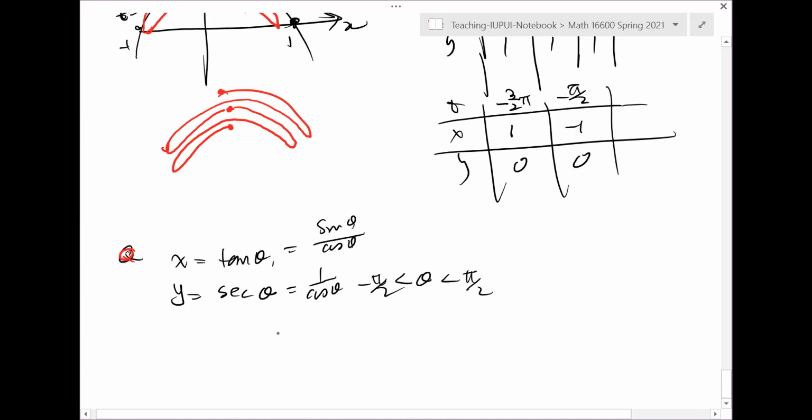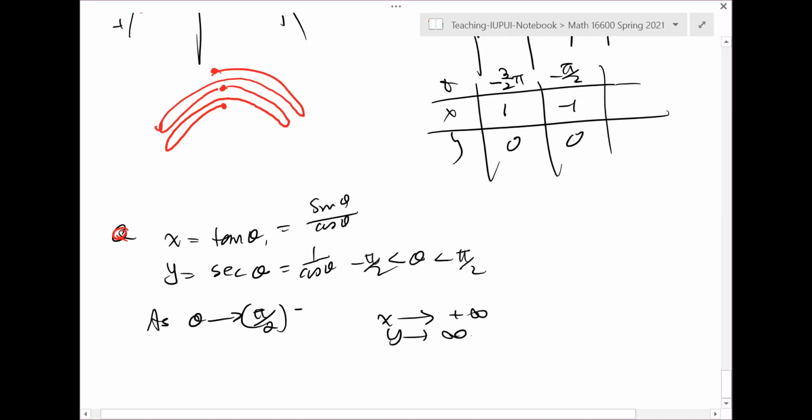okay? But clearly, when theta approaches pi over 2, x approaches infinity and y approaches infinity. So as theta approaches pi over 2 from the negative side, x approaches positive infinity, y approaches positive infinity.